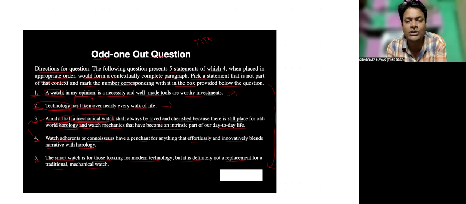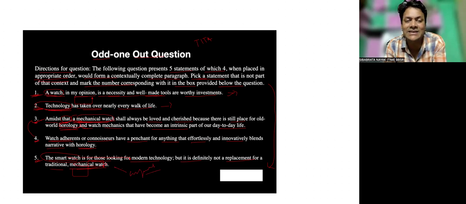The smartwatch is of today, with modern technology, and the mechanical watch is of the past. So in that case, you can consider statement 5 carries the argument of which one is better, the smartwatch or a traditional mechanical watch.